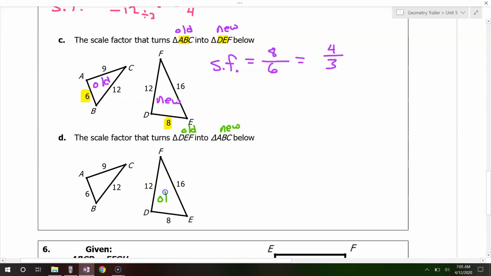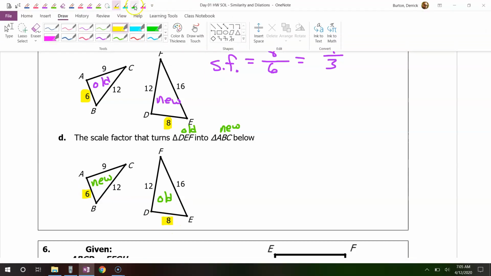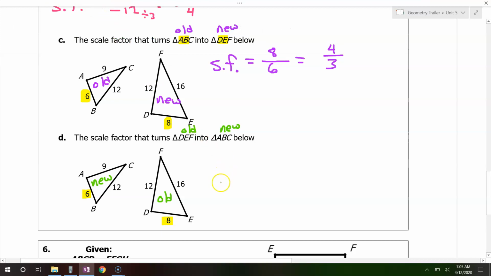We already talked about the fact that these two sides are corresponding, but when we go to do the scale factor, you can probably guess that it's just going to be the reciprocal of this, because we're doing the same two numbers.